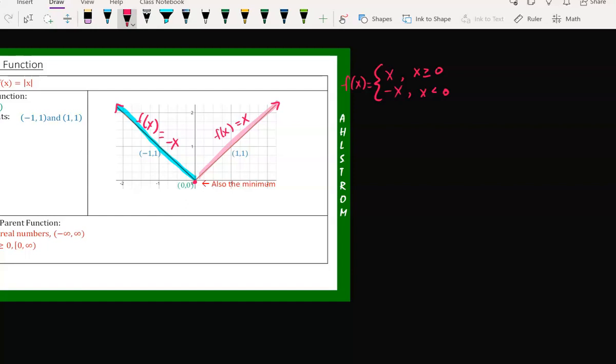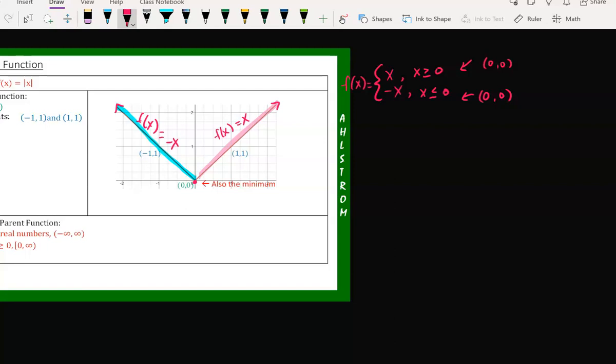But to me, that would be like, over here for this one, if it was equal to, it would be 0, 0 here, and it would be 0, 0 here. But it's the same point. So would it still be a function?